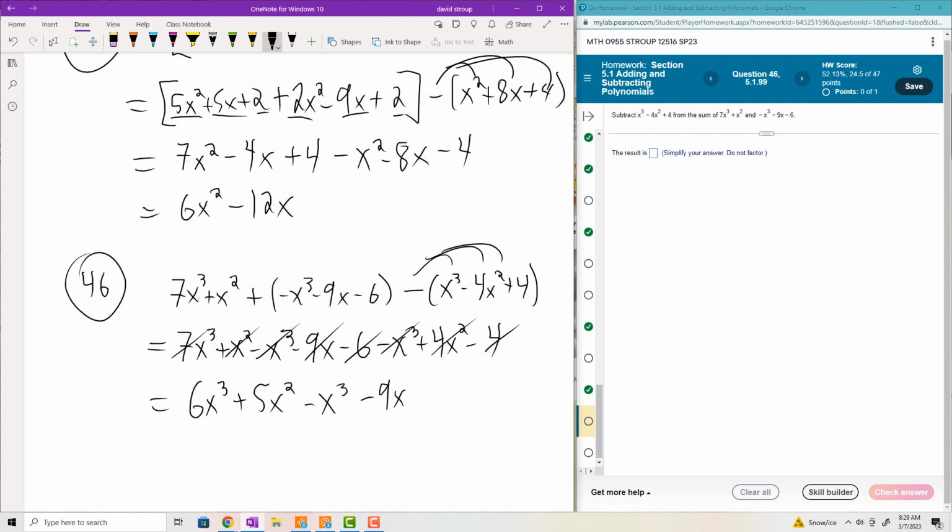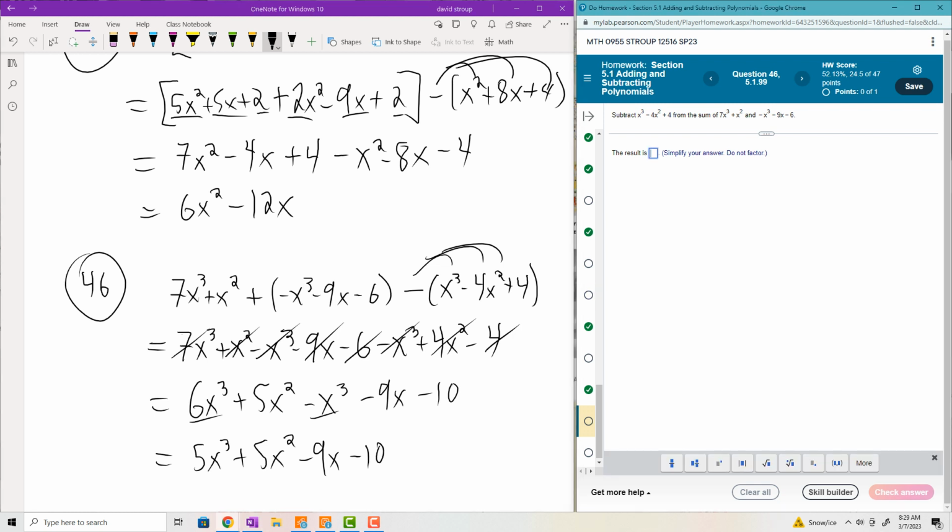And then minus 10, so I have to combine still the x cubed parts. 6 minus 1 is 5x cubed, and then plus 5x squared, and then minus 9x minus 10. So the result is 5x cubed plus 5x squared minus 9x minus 10.